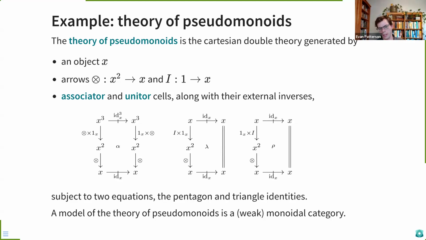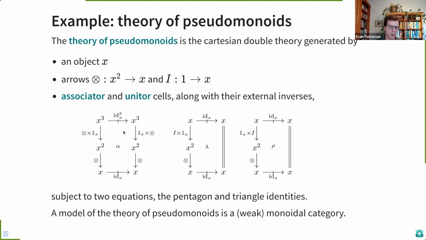It's a fun exercise to write these down in what is essentially a point-free style. You can replicate those equations without ever having to talk about the components of the natural transformations, using only the structures in the Cartesian double category. You write those down, and that's the theory of pseudomonoids. And then, as one would expect, a model of this theory is precisely a weak monoidal category.